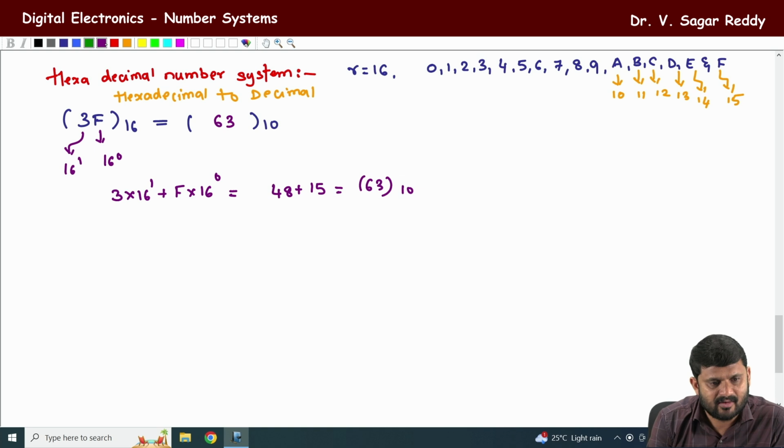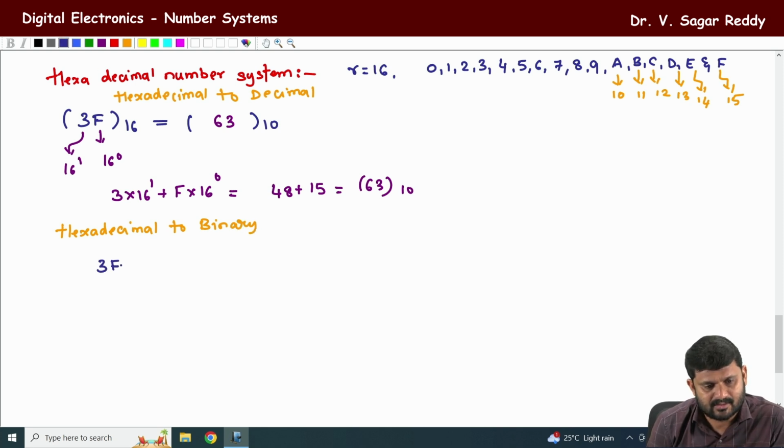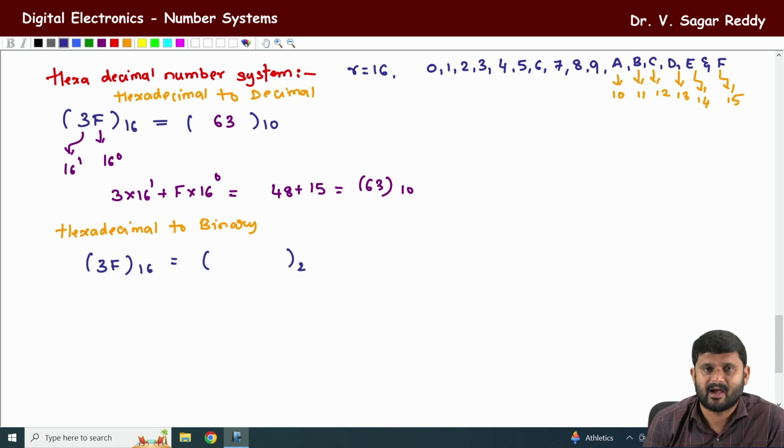We'll take the same number and try to convert it into binary. Hexadecimal to binary. I'll take this same number, 3F in base 16, and I want to convert it into binary. If you want to represent a hexadecimal number in binary, each digit in the hexadecimal number is represented using 4 bits.